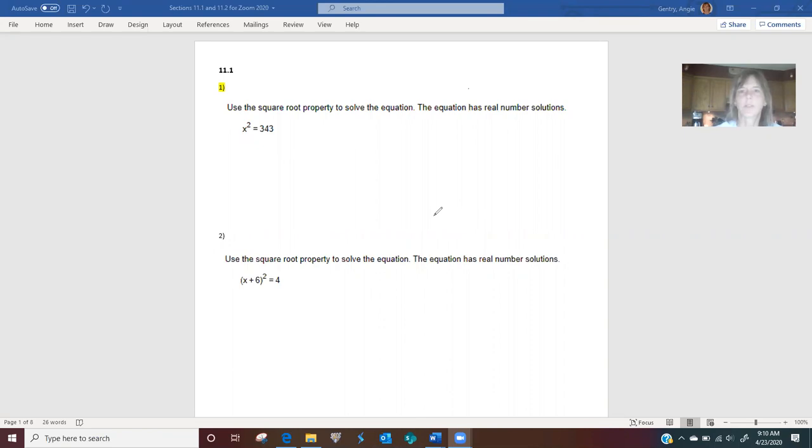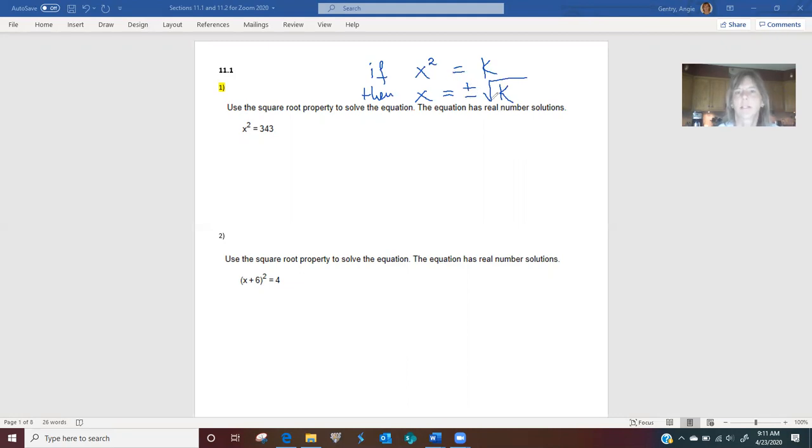It starts out pretty easy with the square root property, and that is, in the book they might use an A, but I'm going to go with this: if x squared equals k, meaning if something squared equals a constant, then that something is the positive and the negative square root of that constant.